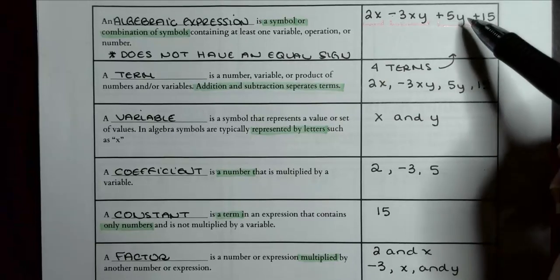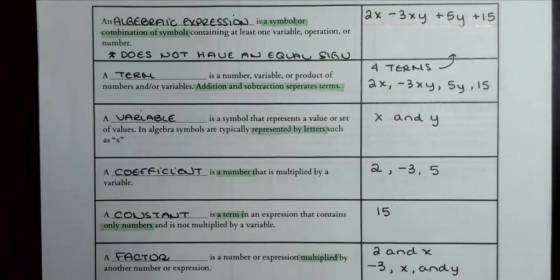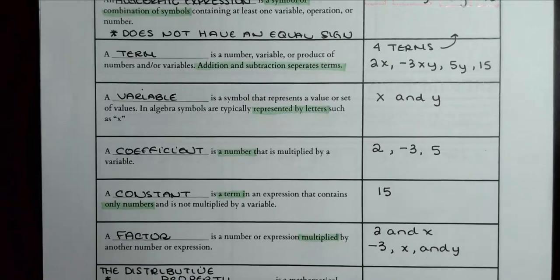And then the last one that's being multiplied is the 5 and the y. So we're going to say 5 and y. Okay? So factors could be two numbers being multiplied together, or we can have a number and an expression, which will come up later on in Algebra 1. But for right now, we're just looking at numbers and letters.